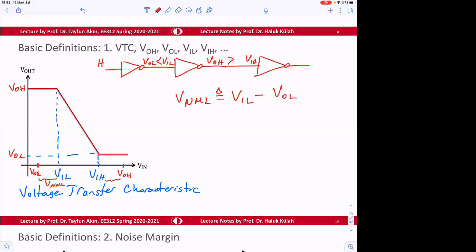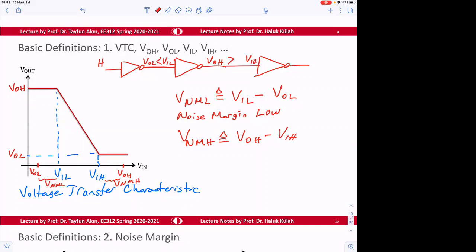Okay, so this is called noise margin low. And this distance is the noise margin high. And the noise margin high, as a definition, is the output high minus the input high.